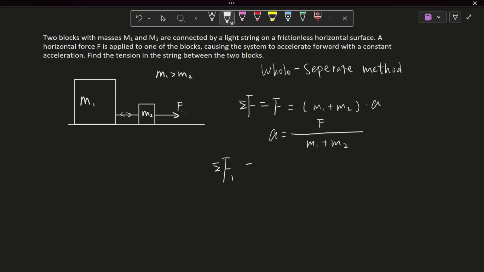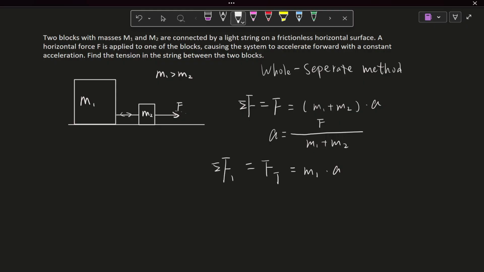Net force on m1 is equal to... what force acts on this single object m1? Ft, right? It's equal to Ft. And it's equal to m1 times a because we're analyzing the single object over here.